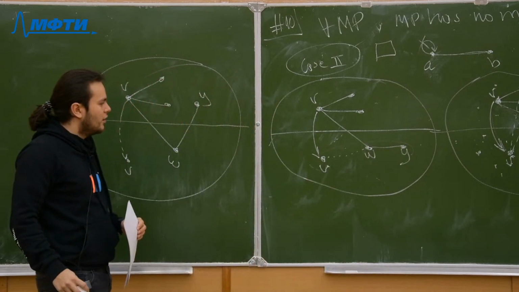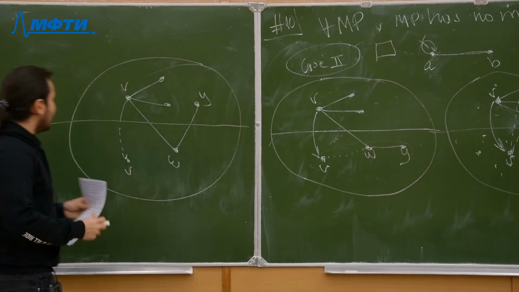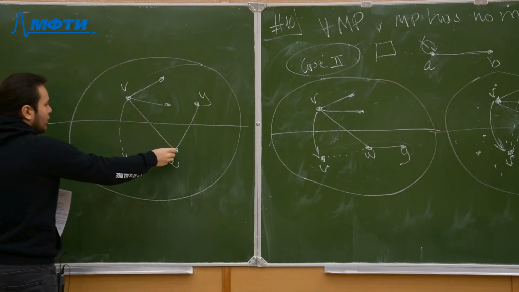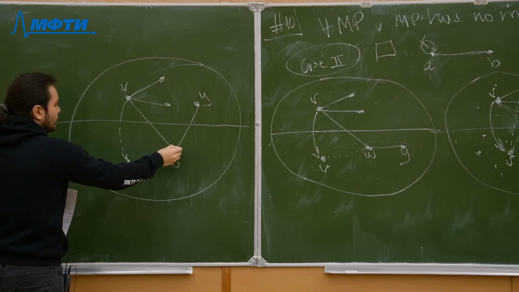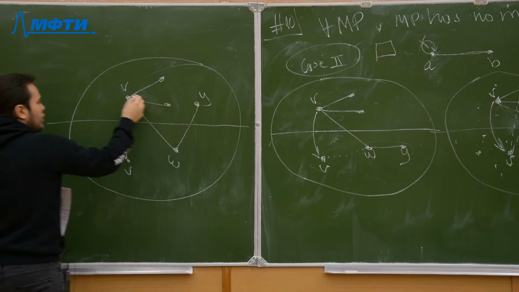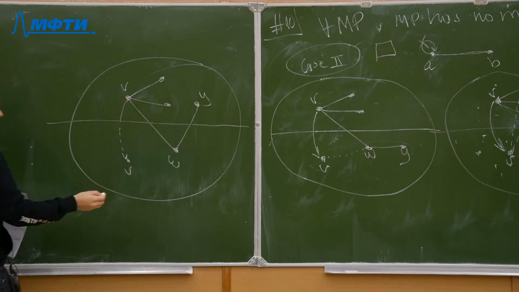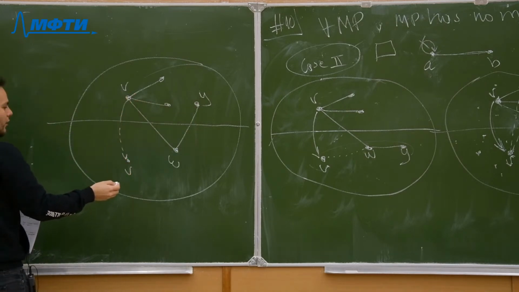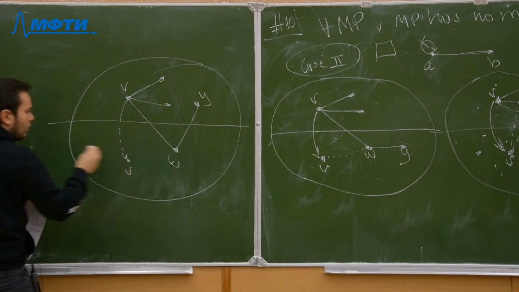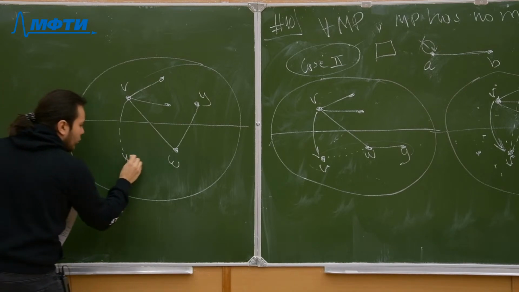Okay, in this case, but in this case, W had two enemies, these two enemies. We change V, and then we kept this like this.